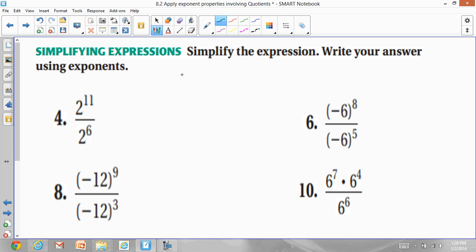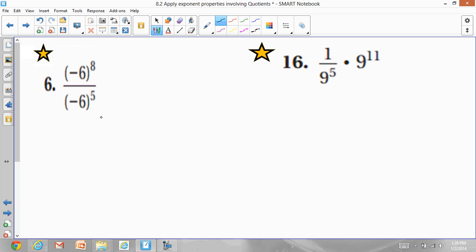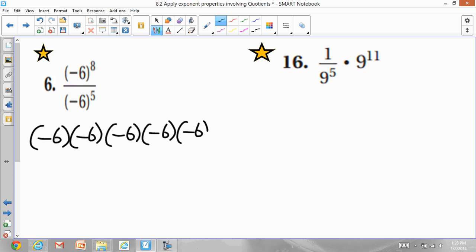So the question is asking you to simplify the expression, write your answer using exponents. So let's figure out question number 6. You get -6, the whole entire thing gets a power of 8. So if I were to expand the numerator, it's going to look like -6, 8 times: 1, 2, 3, 4, 5, 6, 7, 8.